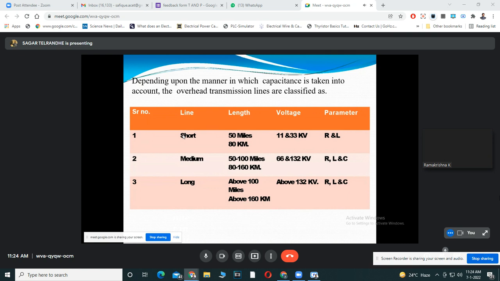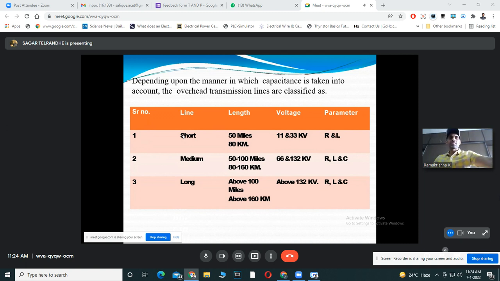Now, as I stated earlier, in case of medium transmission line, we have resistive, inductive load, and a capacitance load is introduced in the system. And we all know that our electrical power system consists of only five parameters, which are voltage, current, resistive, inductive, and capacitance.